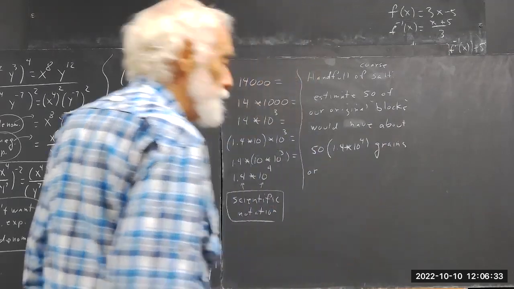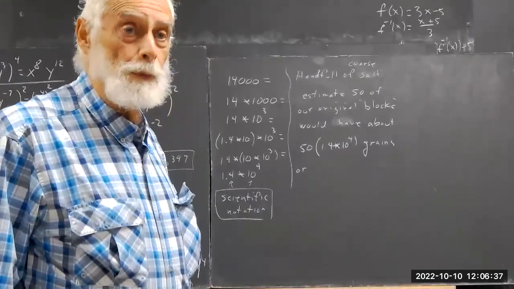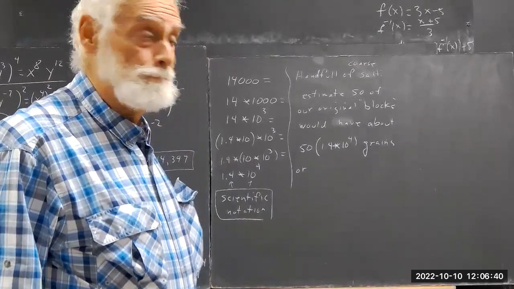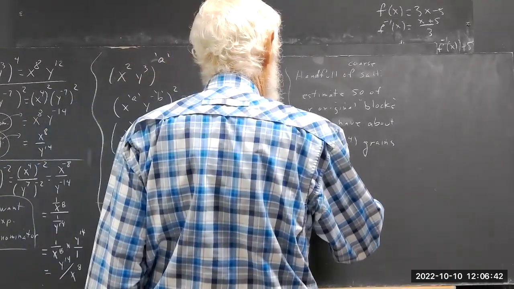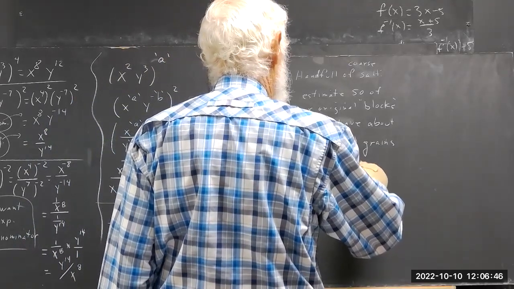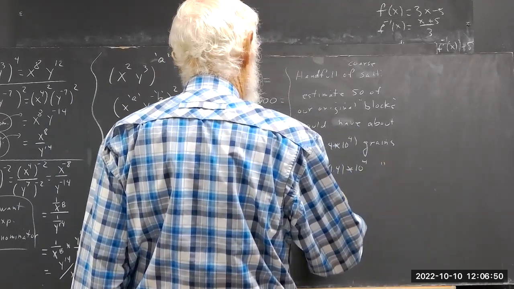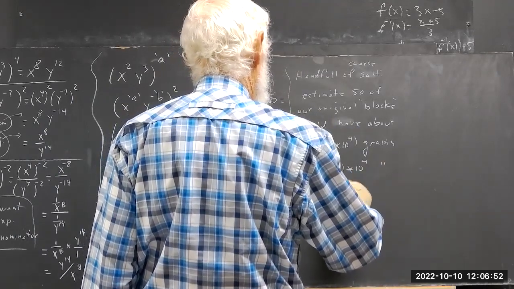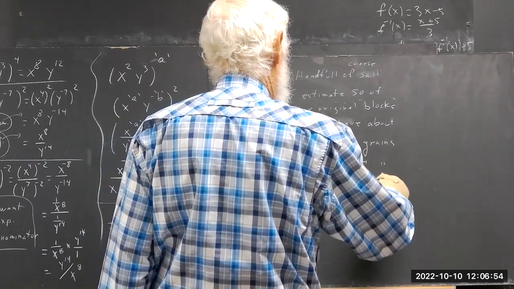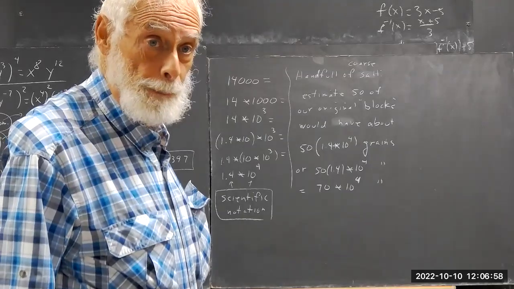How would we multiply this? We multiply 50 by 1.4, wouldn't we? Well, that's 70 times 10 to the fourth, right?